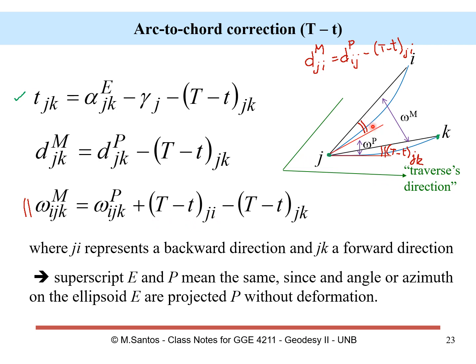We have to add here, minus T minus t JK. So this angle here is this one plus this minus that.